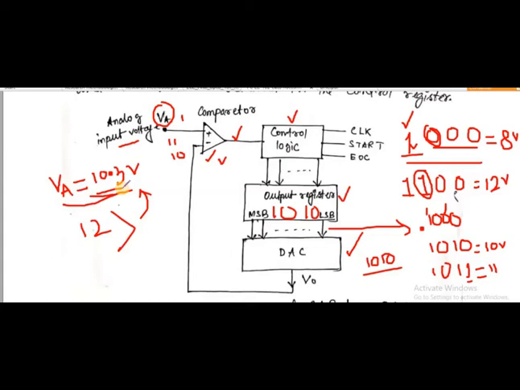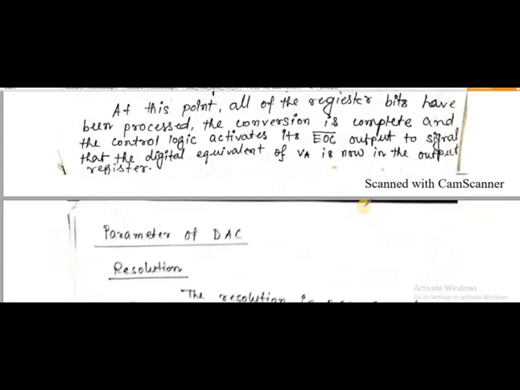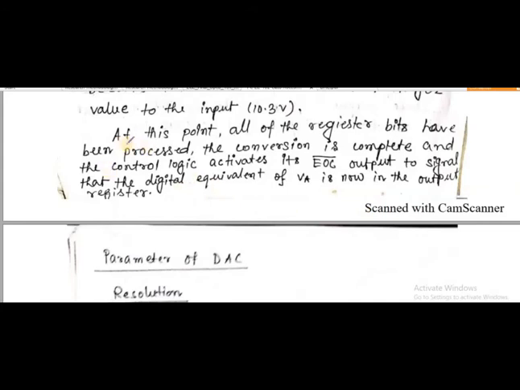So there is some error, but we can consider that if we increase the number of bits to 5 or 6, then we can more precisely convert an analog value to its digital value. So this is the operation, and at the end of how this stops, basically at this point, when all the register bits have been processed, the conversion is completed, and the control logic activates the EOC output, end of conversion.